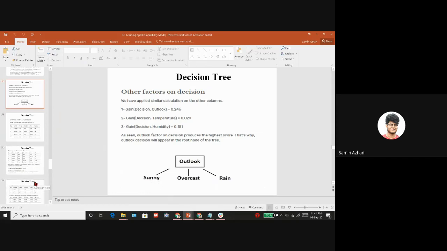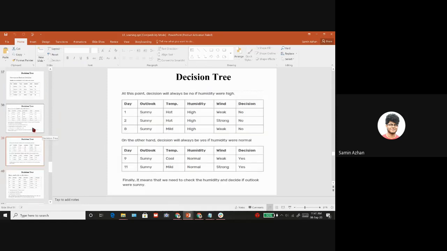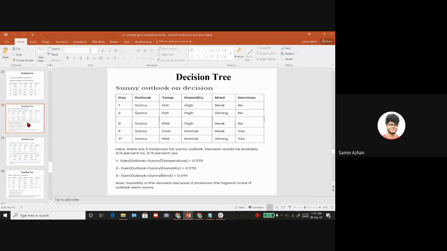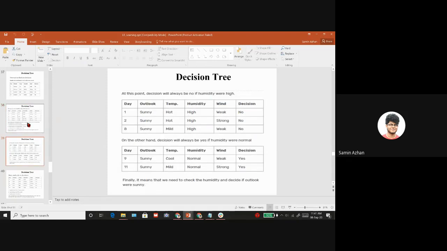Are you following along? If you have any questions, again, feel free to interrupt. And then we have to check the values. At this point, we see that if humidity were high, in all cases the decision is no. And if humidity was normal, the decision was yes.